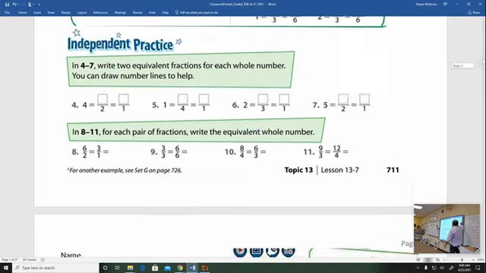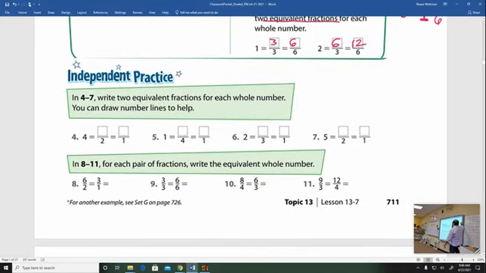Where's the independent practice? On the bottom of the section that you might have already done. Did you do this one? Underneath the guided practice? Not yet. Okay, that's it. So you just got a few pages. The next page. After that. Briggs, I think you're skipping pages.